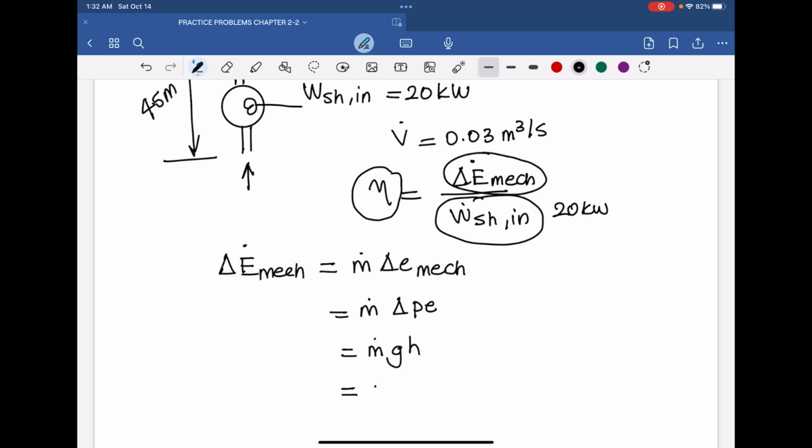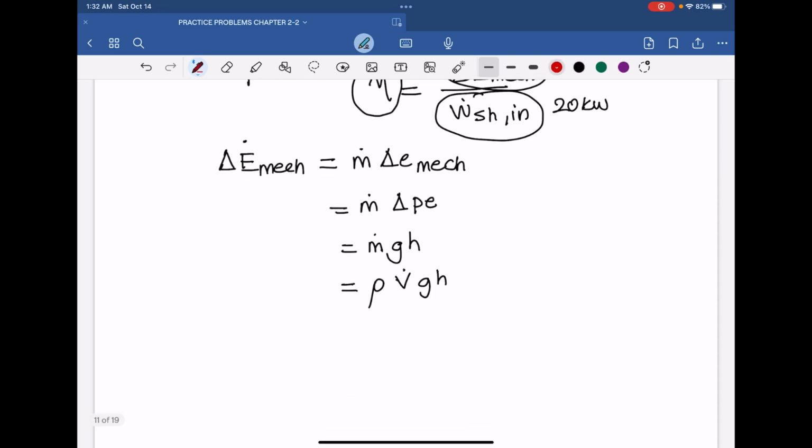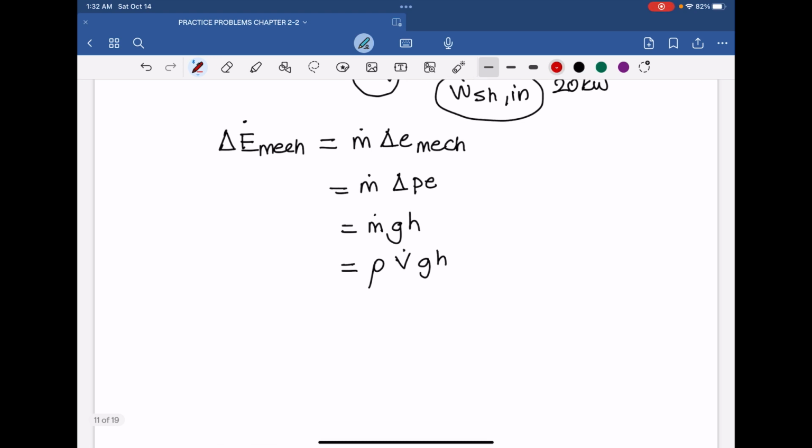Instead of mass flow rate, we can say density times volumetric flow rate times g times h. Now, let's calculate it. Density is 1000 kilogram per meter cubed. Volumetric flow rate is 0.03.